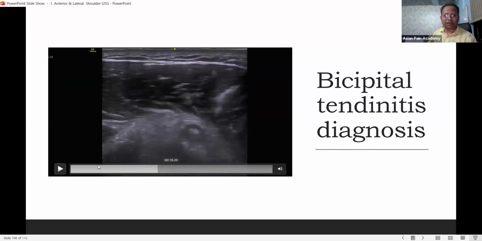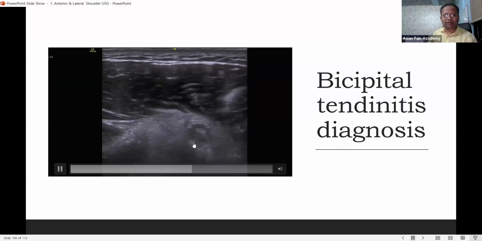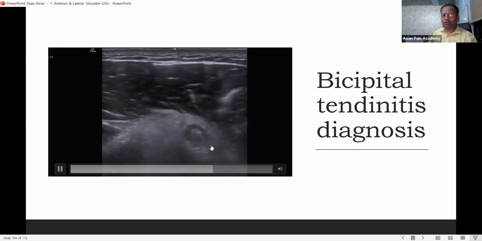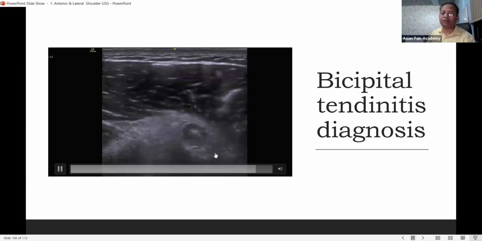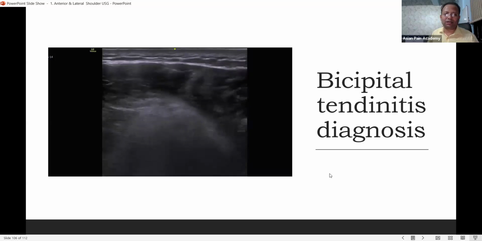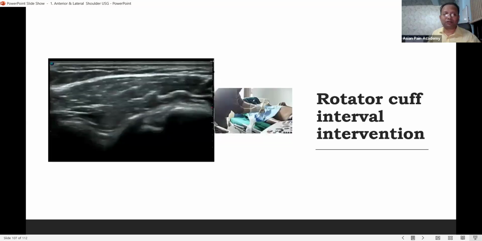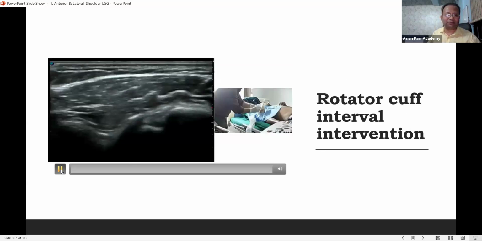The hyperechoic tendon is in between, and around that is the hypoechoic effusion. If there is no effusion in the joint, then we will say it is bicipital tendinitis. And if there is an associated effusion, then we will say this is the extension of the effusion of the joint.